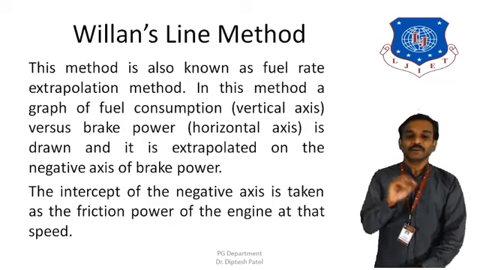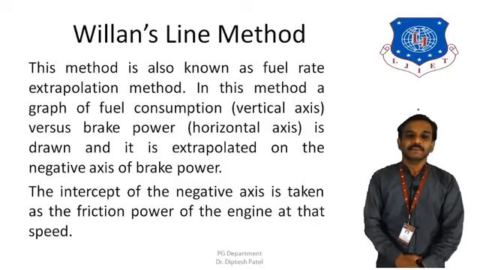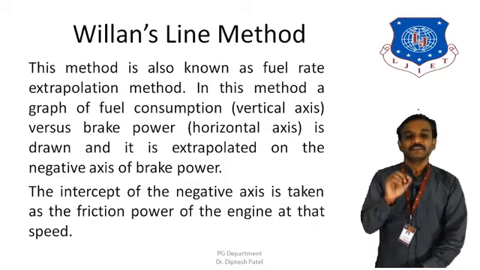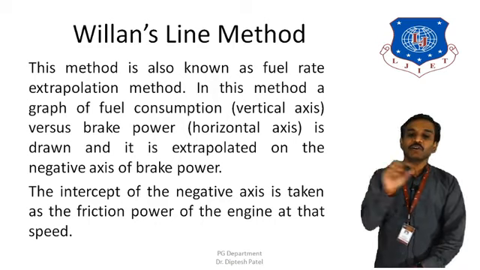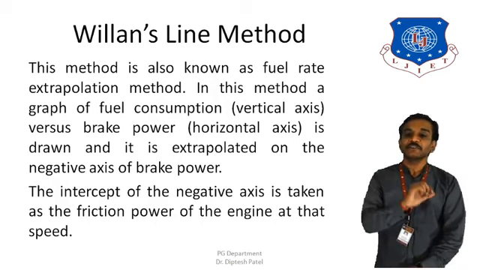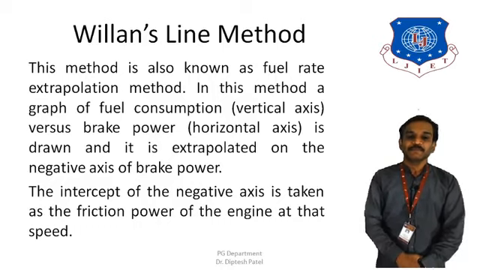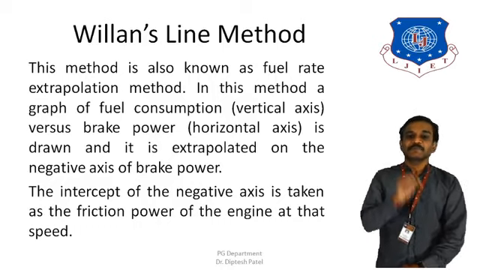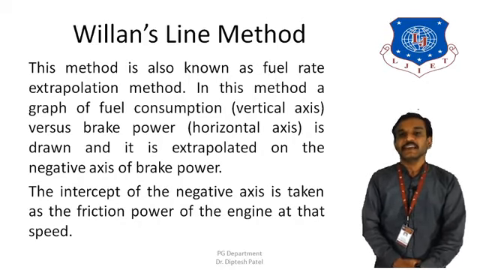The graph is drawn between the fuel consumption and the brake power, and then it is extrapolated onto the negative side of the brake power. Wherever this line intercepts the negative axis is taken as the friction power of the engine at that particular speed.